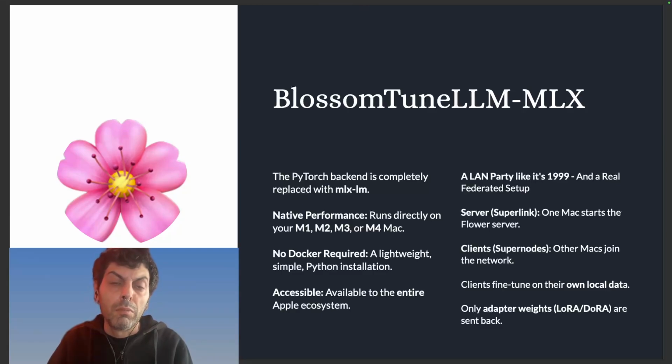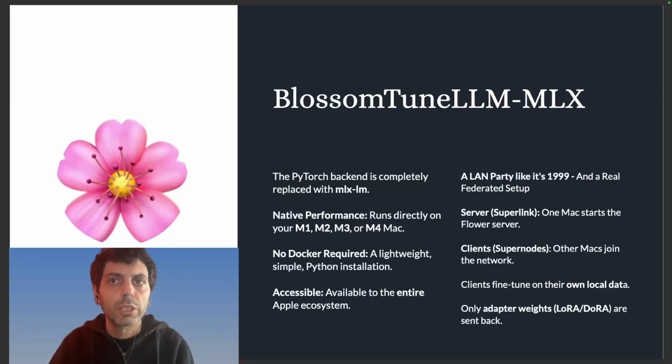So the natural evolution, as I said, was BlossomTuneLLM-MLX. The backend has been replaced completely with MLX-LM. This allows you native performance, so you can run everything on your M1, M2, M3 or M4 Mac. There is no Docker required.